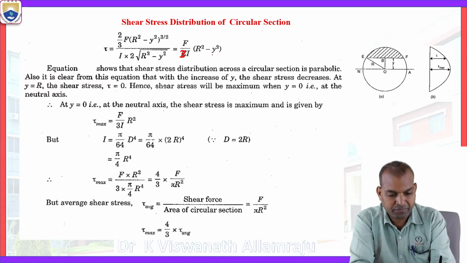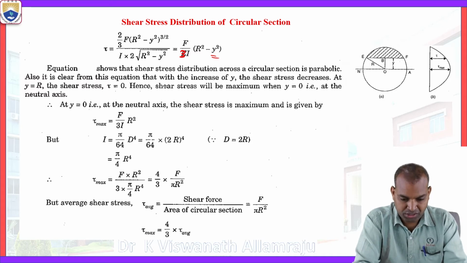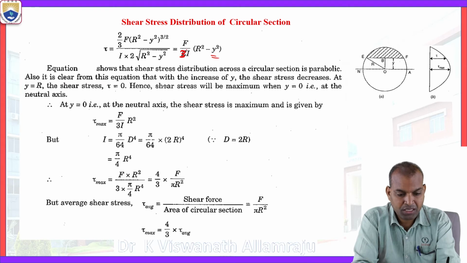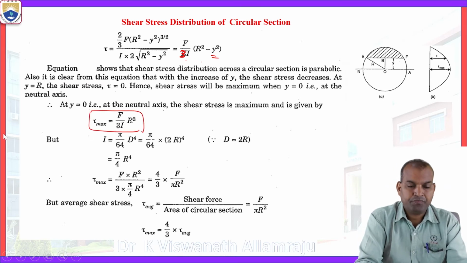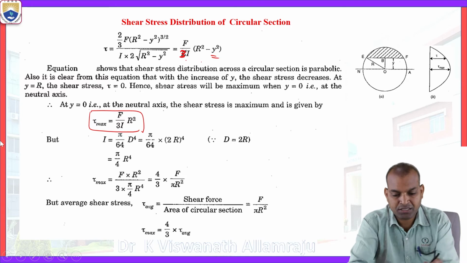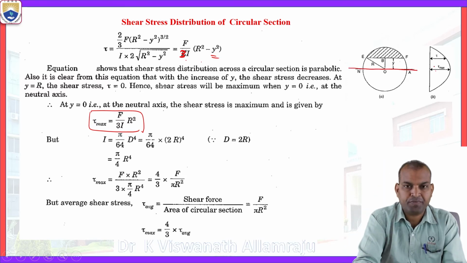Substitute y equals 0 in this equation, then we can observe the maximum shear stress. This maximum shear stress value comes F by 3I times R square. It happens where y equals 0, that is, at the neutral axis. At the neutral axis, tau becomes tau maximum.